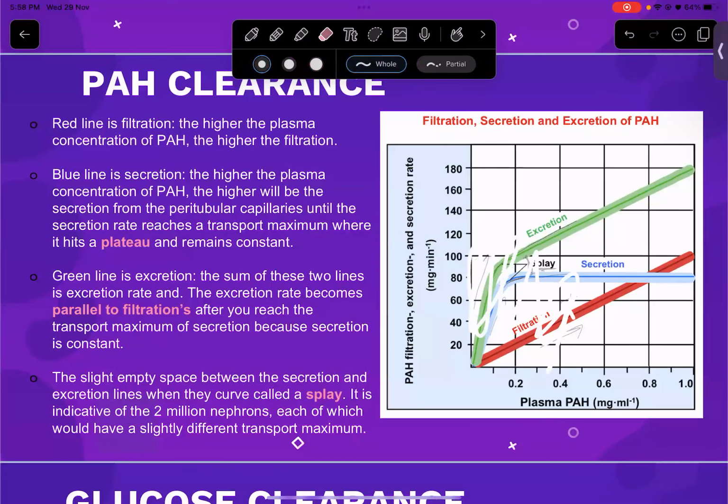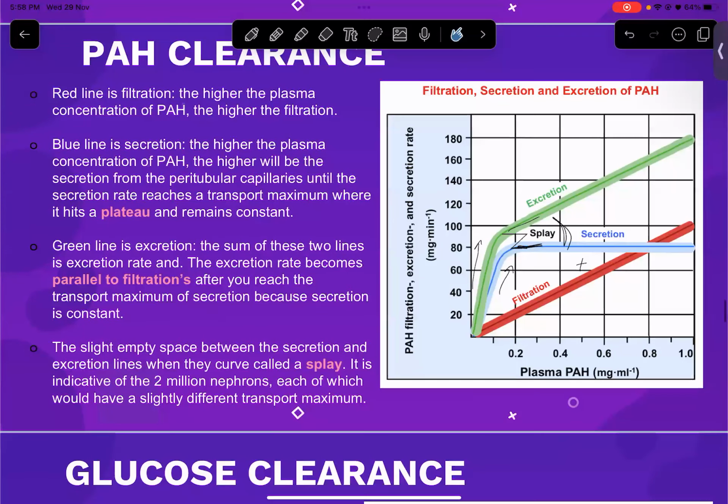So again, filtration increases as the PAH concentration increases in the plasma. Secretion increases as well until it reaches the transport maximum, becomes a plateau and can no longer secrete PAH, and the excretion is the sum of those two together. It keeps increasing until it reaches the transport maximum. The reason for the splay in between is that we have 2 million nephrons, and each one has a different transport maximum.